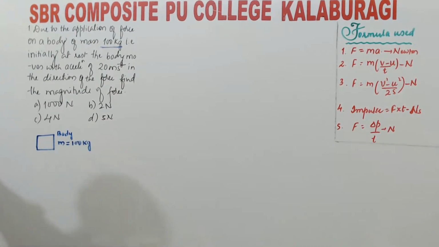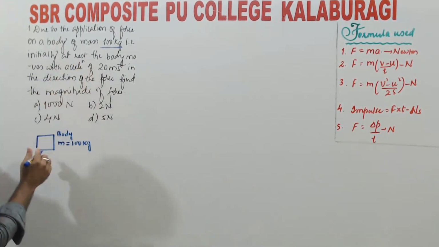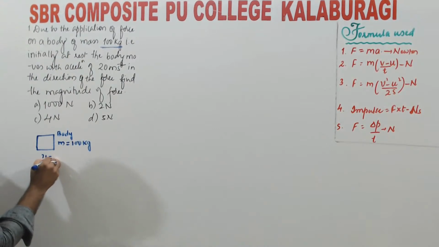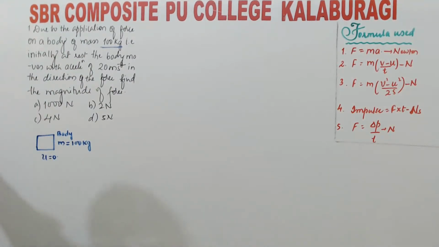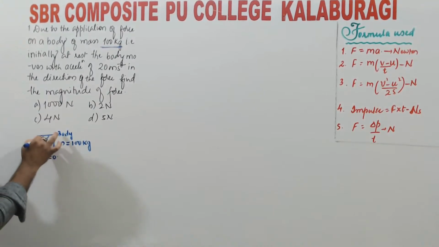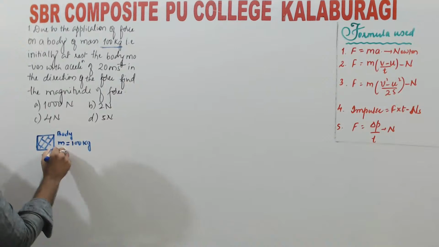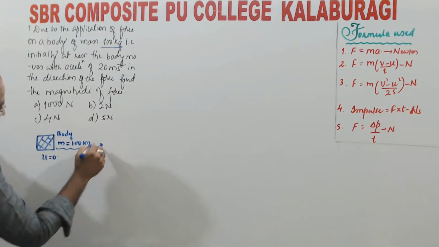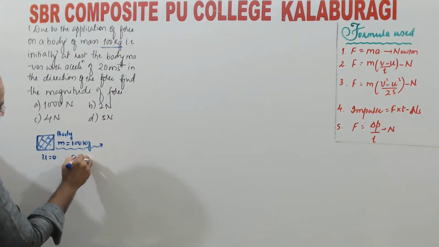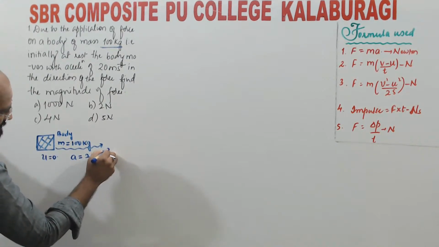Initially at rest means the initial velocity u is equal to 0. Then the body gains an acceleration of 20 meter per second square.